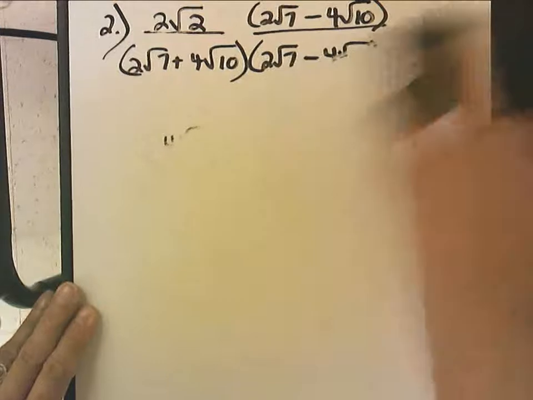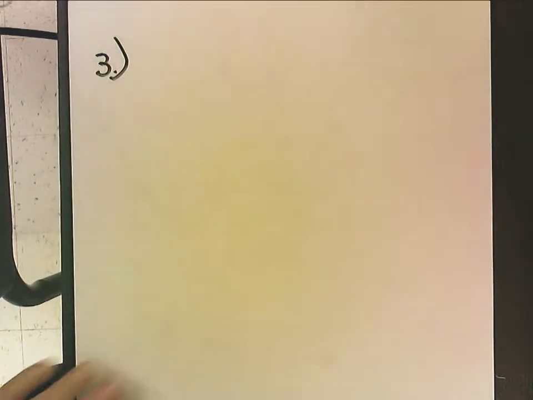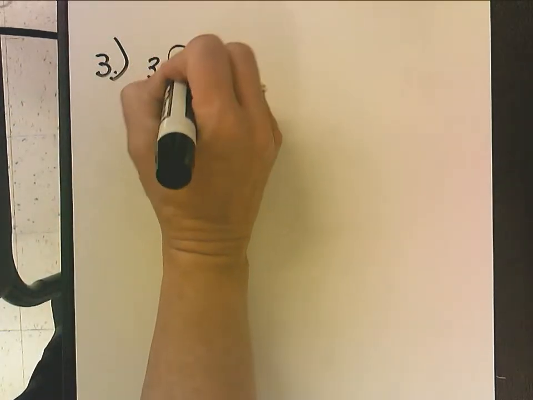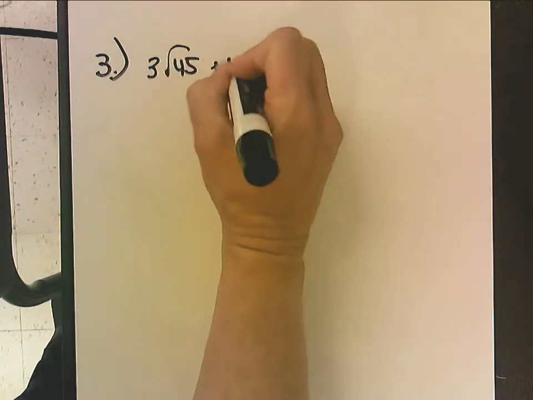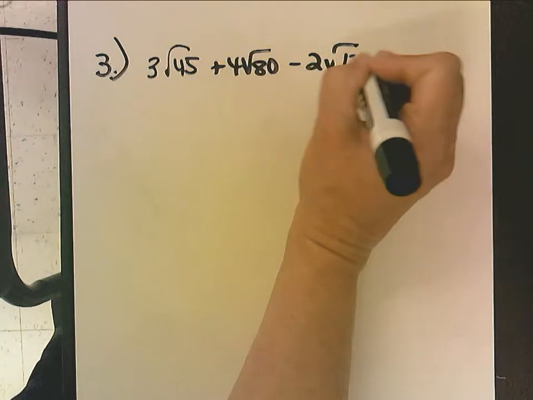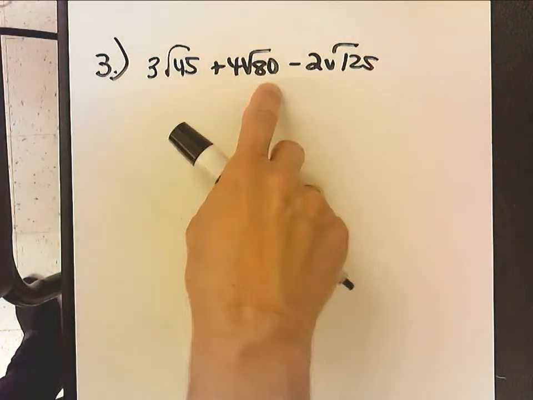Now, let's look at number 3. Number 3: 3 root 45 plus 4 root 80 minus 2 root 125. So my goal here is to make all of these radicals simplified.